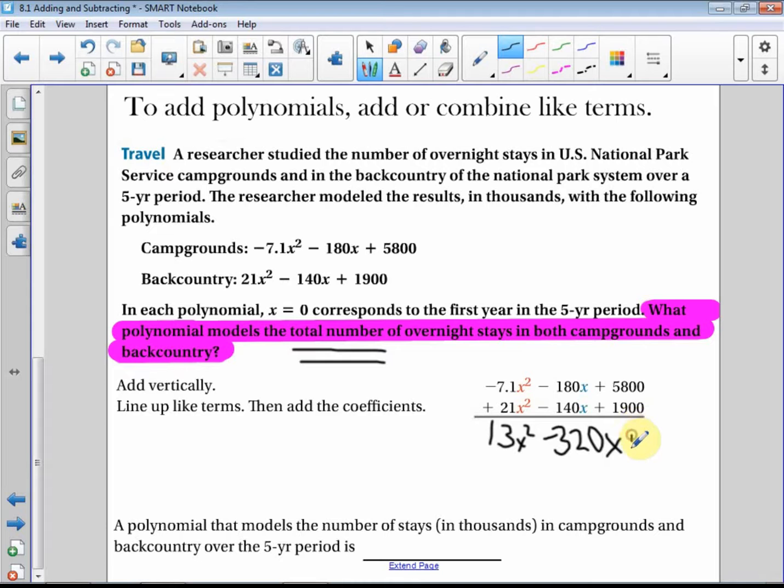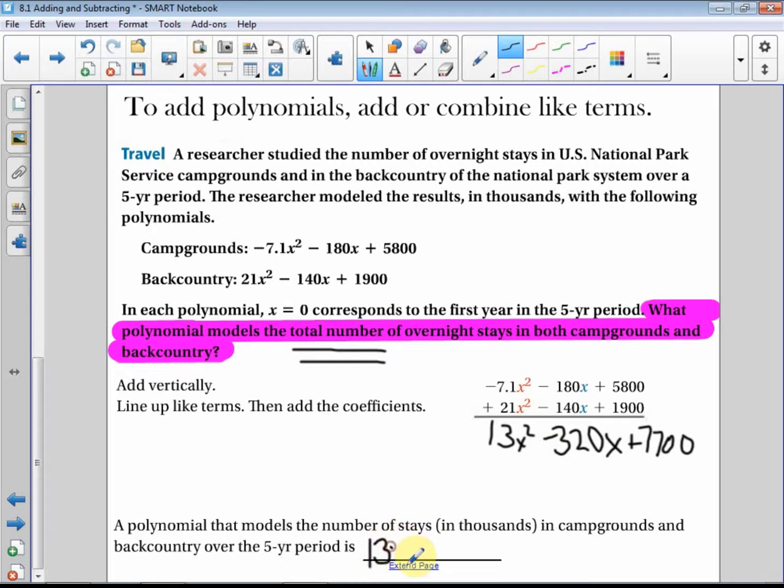Now we have rather large constants to add together. 5,800 plus 1,900, I have 7,700.